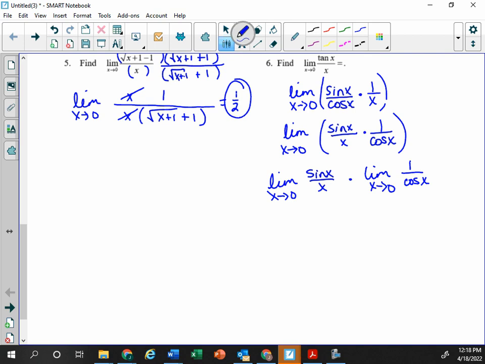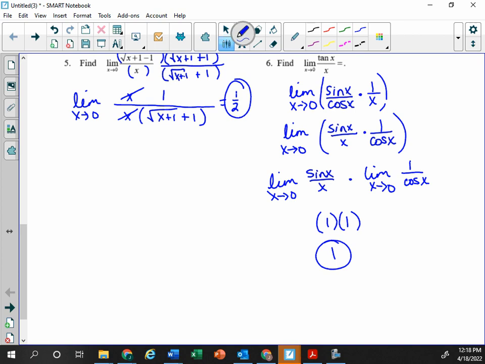So what is the limit as x approaches 0 of sine of x over x? 1, times, how do I evaluate that limit? Plug in 0. What's the cosine of 0? 1, so what's that limit? Okay, so I've got 1 times 1. So that whole big thing just turns into 1.